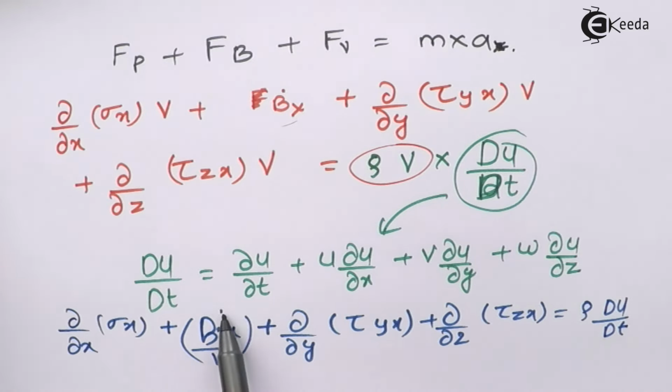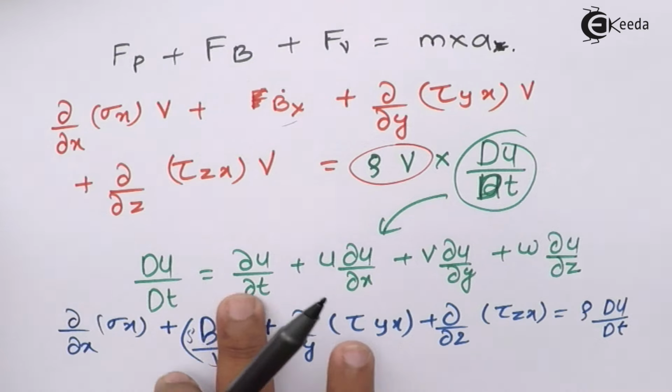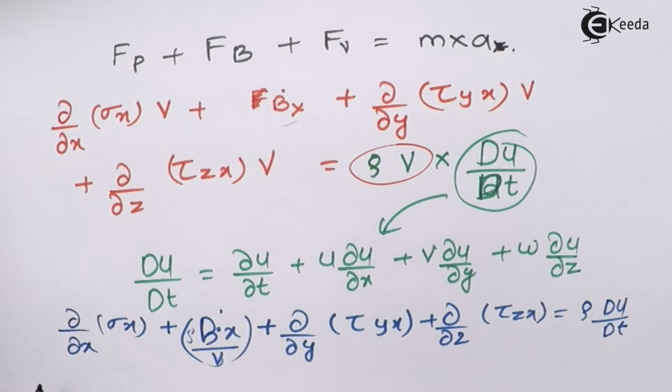So this is body force per unit mass into volume divided by volume. This can be taken as 1 upon rho, and rho will come over here. For the sake of it we'll keep it as it is, because we don't have to take this into consideration. We have to take all these three forces into consideration.